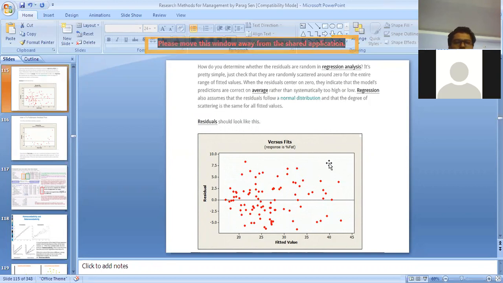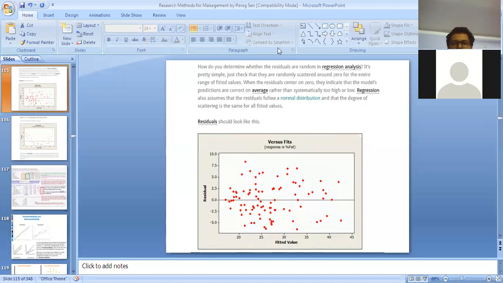Those estimated values are known as fitted values. And you also have the actual or observed value from your data. If you find the difference between your actual value and your fitted value, then you get your residuals, which are expressed along the y-axis.